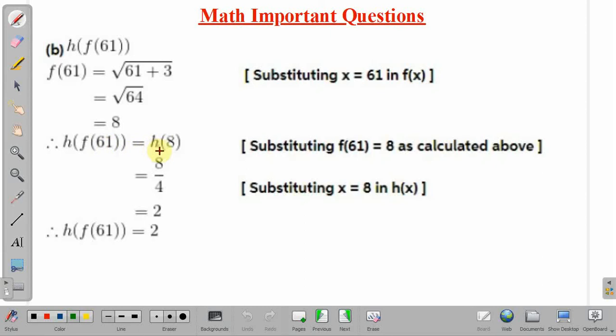So now we have to find h(8), substituting x equal to 8 in the given function h(x). Okay, h(x) equal to x by 4. So substituting x equal to 8, we will get 8 by 4, which will be equal to 2. So h of f of 61 will be equal to 2.